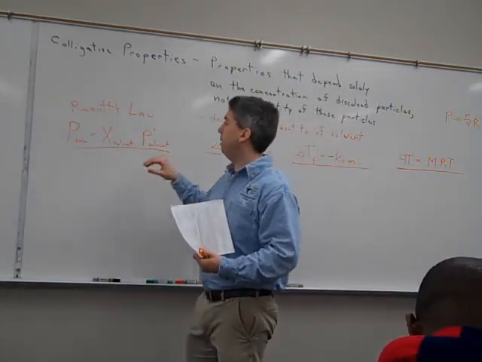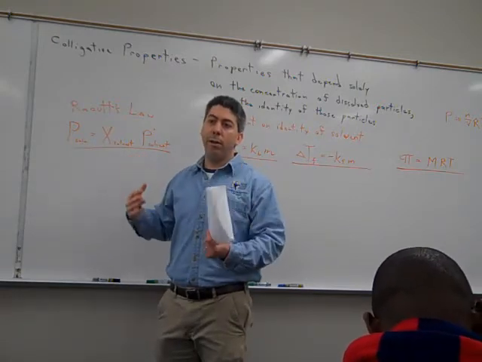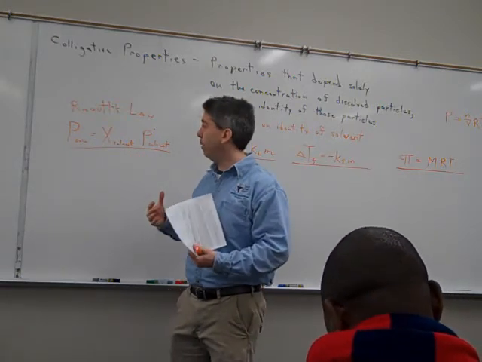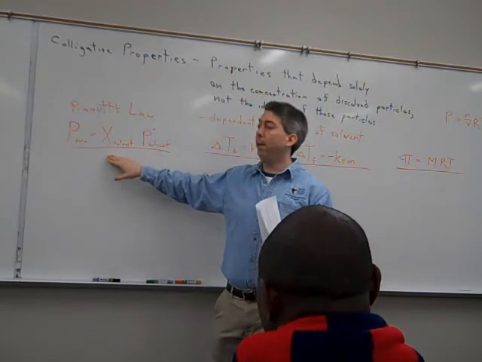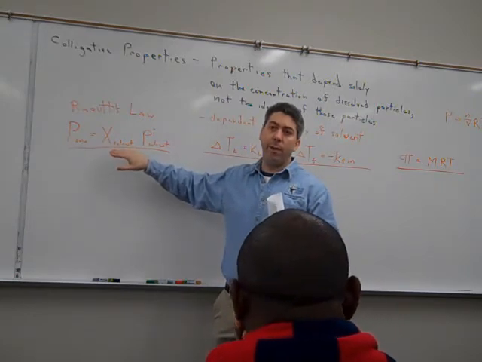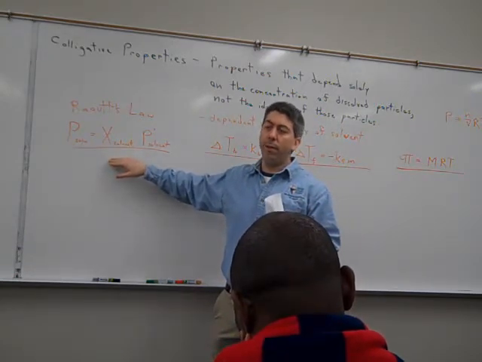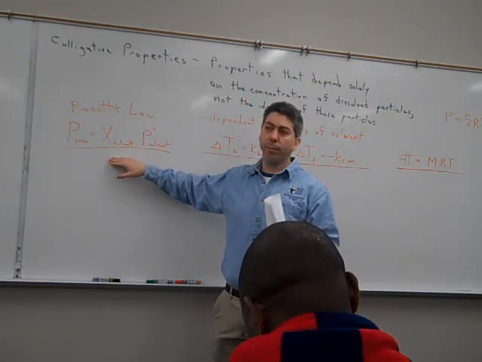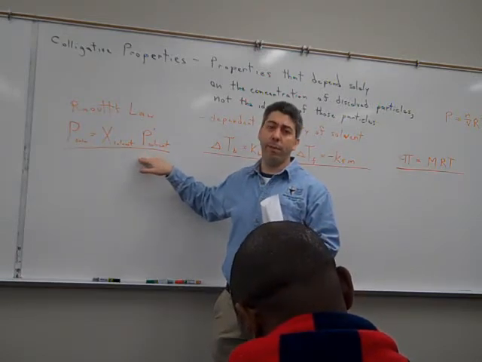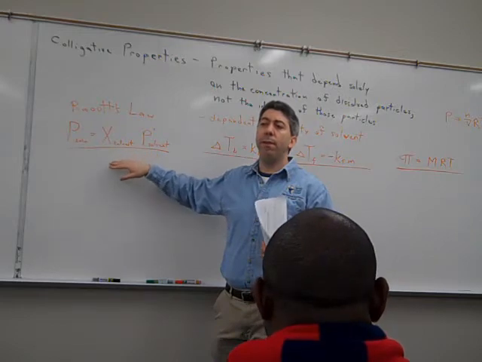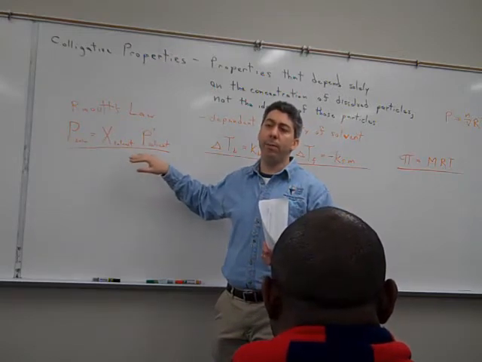So the higher the concentration of solute, the lower the vapor pressure. It has to do with mole fraction. If you have 50% solvent, it's only going to have 50% of the vapor pressure. If you have 25% solvent, it's only going to have 25% of the vapor pressure.